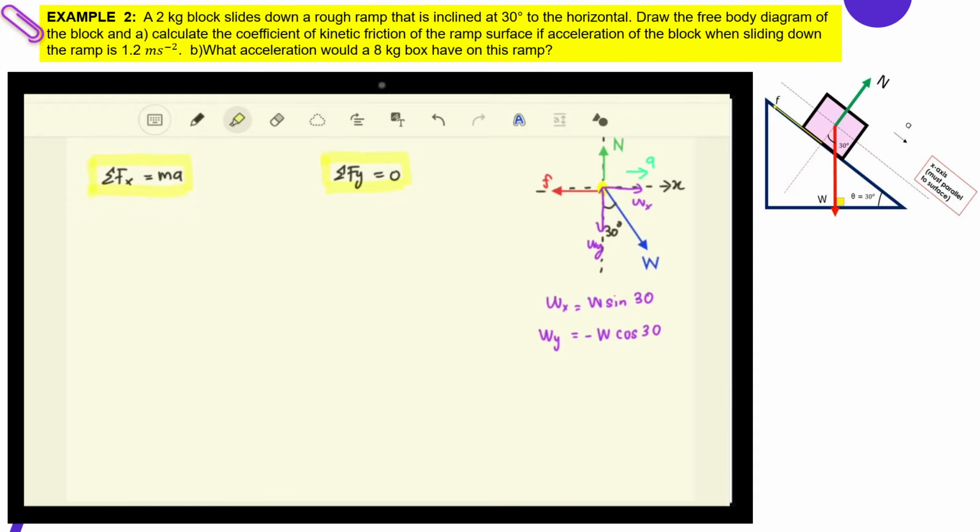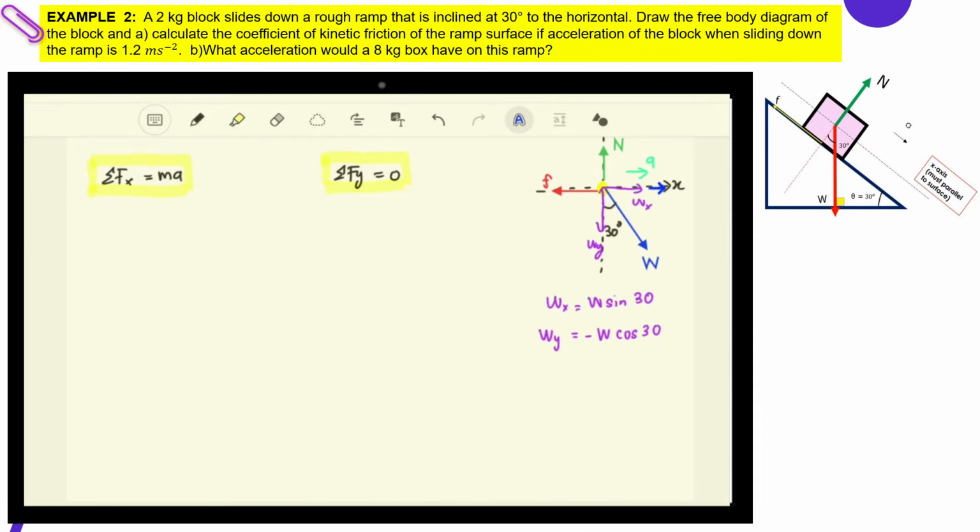Based on the free body diagram, in X component we have two forces here, which are Wx and friction. We don't have any external force exerted on the object. Maknanya objek tu bergerak dengan berat dia sendiri, because of the weight.